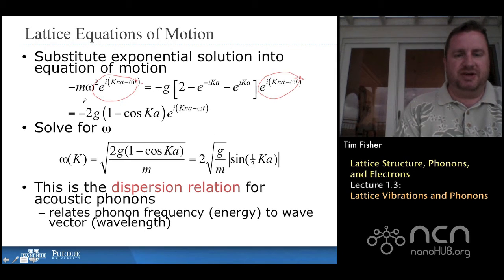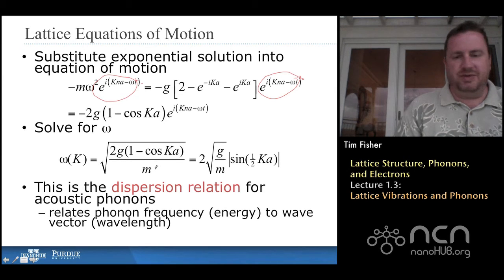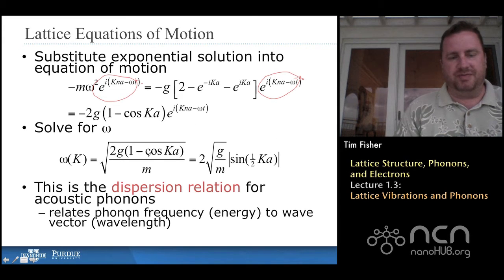What's nice about this very simple problem is that we have an analytic expression for frequency as a function of wave vector k. And that, it turns out, is a very clean expression. We have this square root term in the first equality, and then we move over here to the second equality and we have this sine, and we've just used a half angle formula for that.